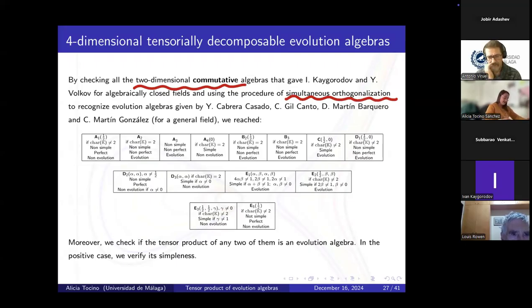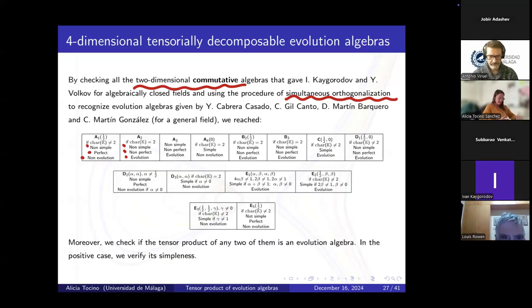We have made this computation, and we have, for instance, that A1 is a perfect algebra. It is not an evolution algebra, it's a perfect algebra, and is non-simple. Next, A2 is an evolution algebra, is non-perfect, and is non-simple. And we do this with all the two-dimensional commutative algebras.